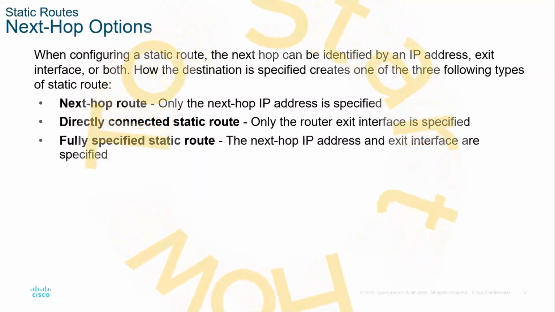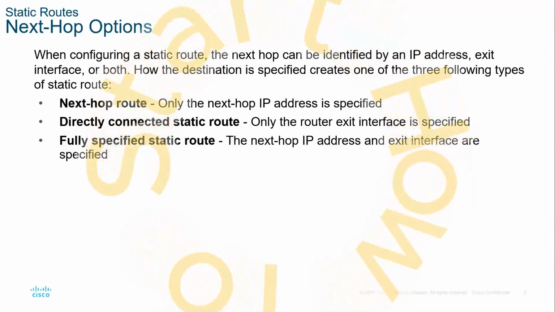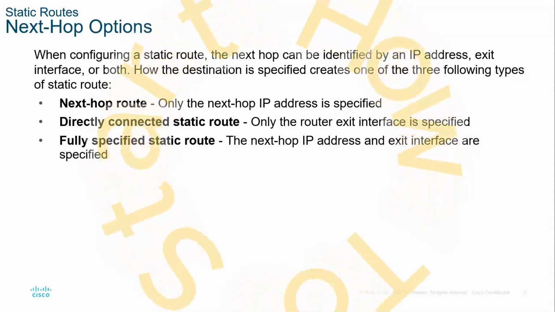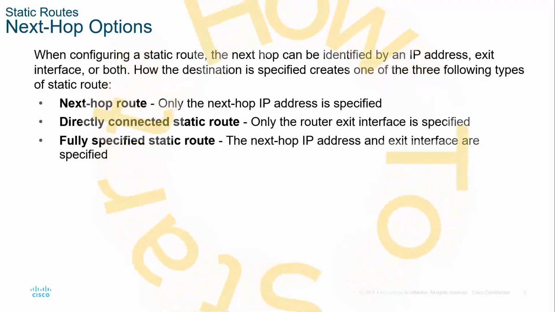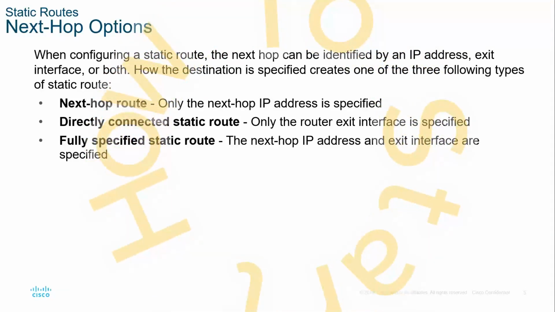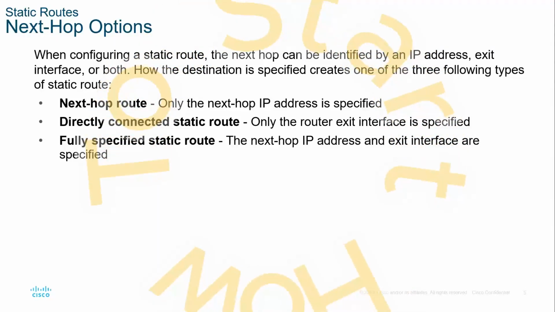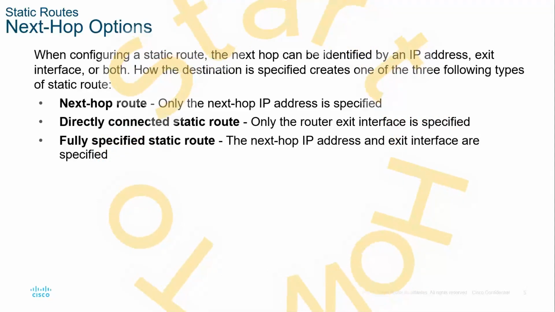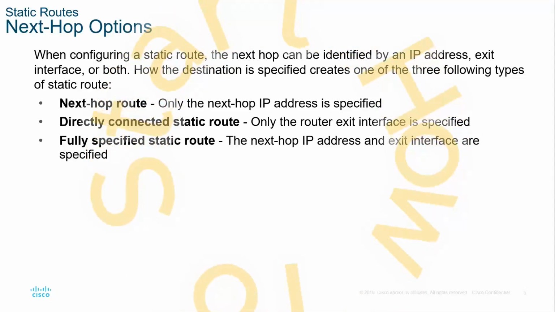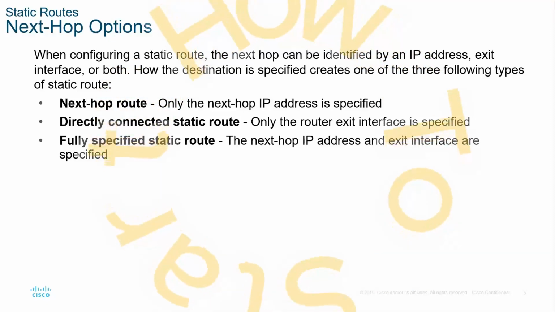When we are configuring a static route, we also have to look at the next hop, like where is it going? We can do it a few different ways. The next hop can be identified via an IP address, via a directly connected interface, or we can do a fully specified static route, and that will be the next hop IP and exit interface.